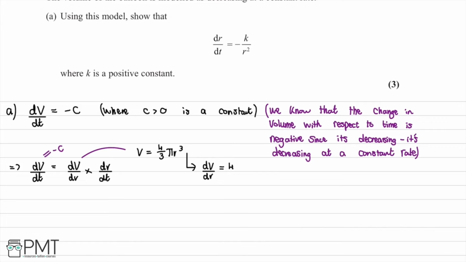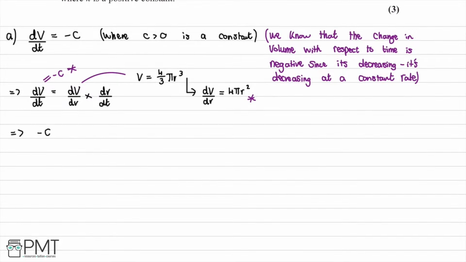So that's going to be 4 multiplied by pi, and then we take 1 away from the power, r squared. So what we can do, so we have this here, and we have this here, which we can now substitute into our equation here. So therefore, we can say that negative c is going to be equal to dr by dt, and then we're going to multiply this by our new expression here, which is 4 pi r squared.